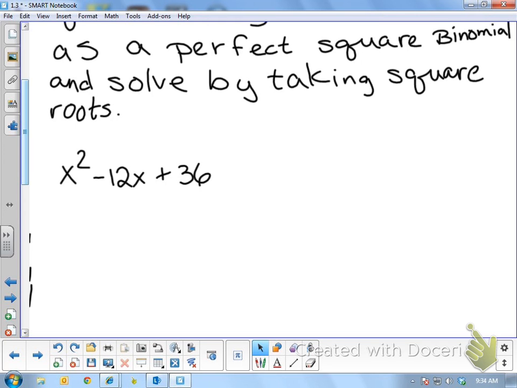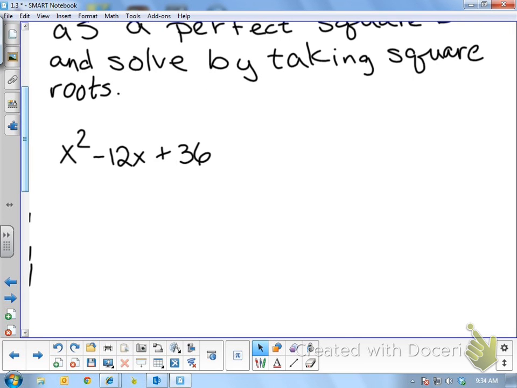Okay, so we have this that we're going to factor. And the reason we're factoring is because it will help us find a pattern that will help us solve these completing the square problems. So when we factor, we do the box method. We multiply first times last, and we find the numbers that multiply to be 36, but add to be negative 12.